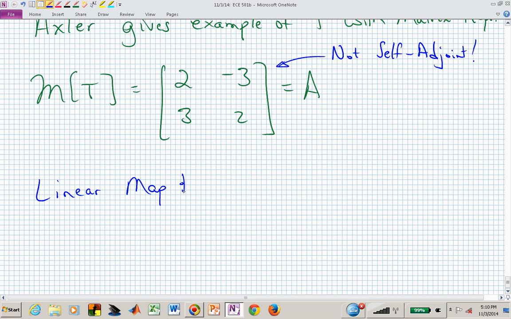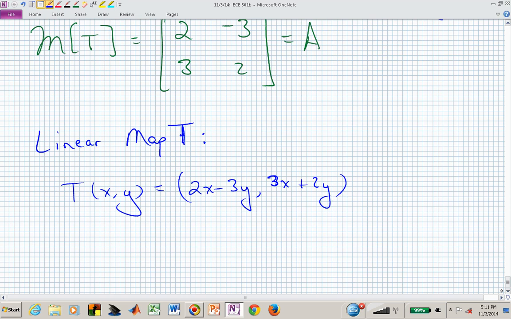What's the linear map T associated with that matrix representation? The first coordinate is 2x minus 3y. The second coordinate, 3x plus 2y. What's the matrix representation of T dagger?